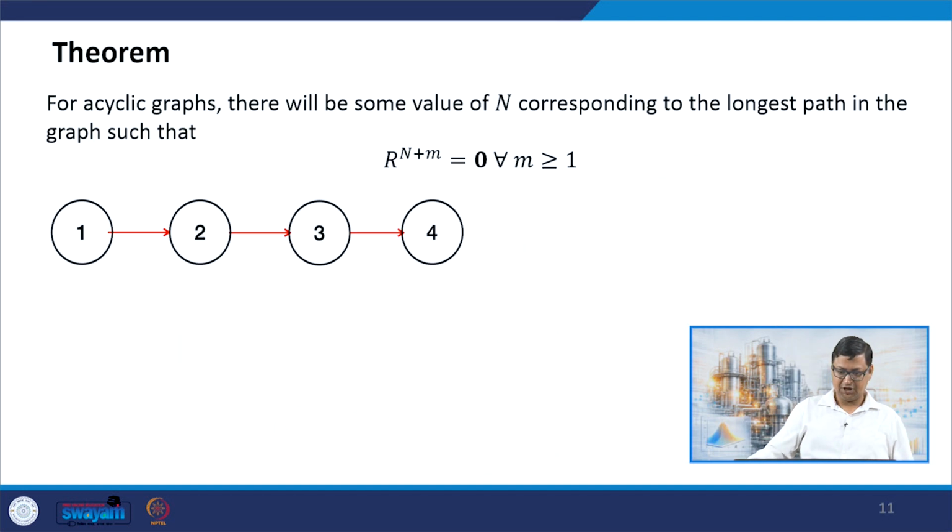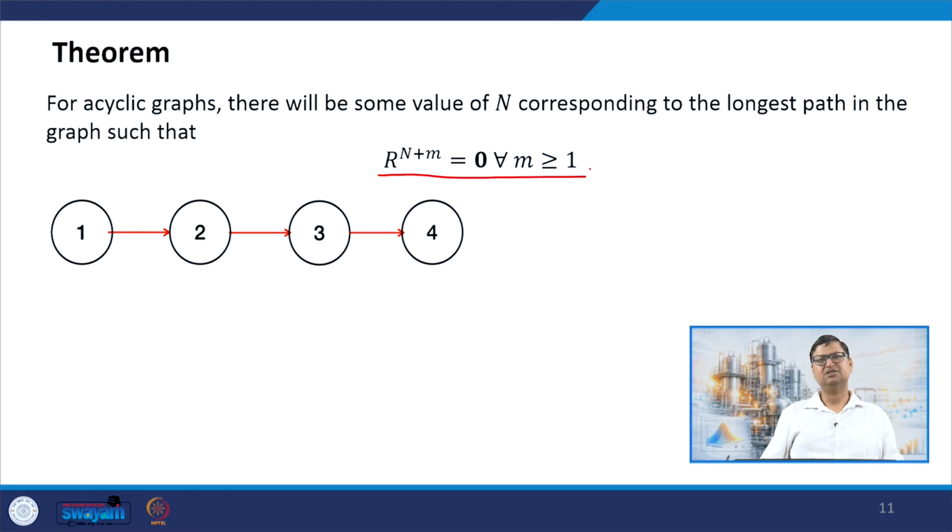Okay. So based on this idea, I can now have some kind of a theorem that is generally valid for any acyclic graph, provided that we don't have cycles. For an acyclic graph, there is going to be some value of n corresponding to the longest path in the graph, such that R to the power n plus m is going to be a 0 matrix for all m greater than or equal to 1, right?